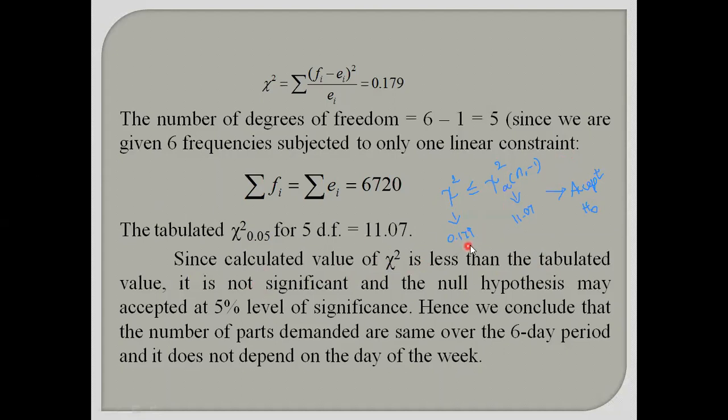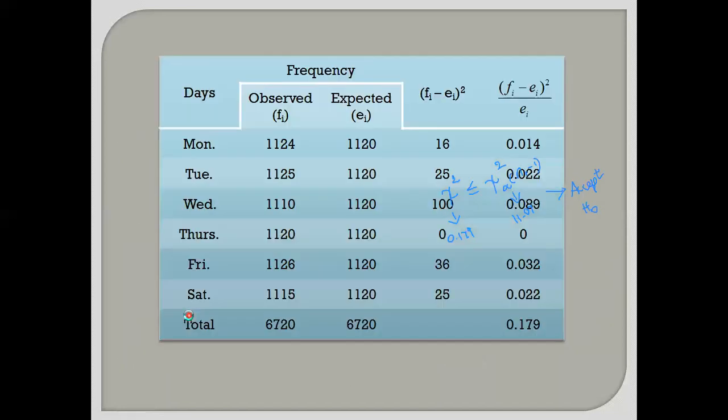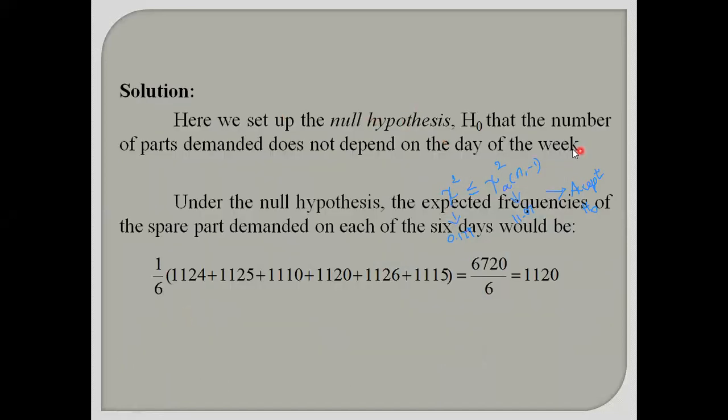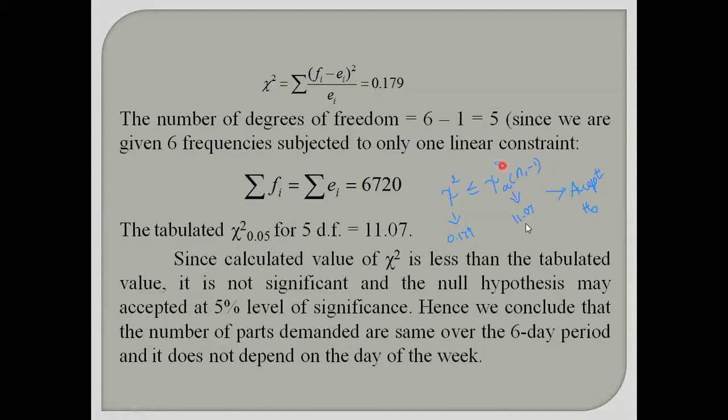That means 0.179 is less than 11.07, it is not significant, and the null hypothesis may be accepted at a 5% level of significance. Our null hypothesis is that the number of parts demanded does not depend on the day of the week. Hence we conclude that the number of parts demanded is the same over the 6-day period and does not depend on the day of the week. Hence the solution.